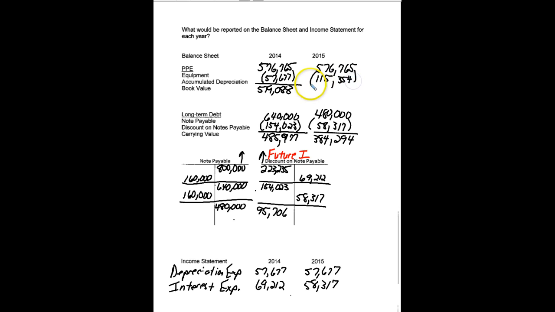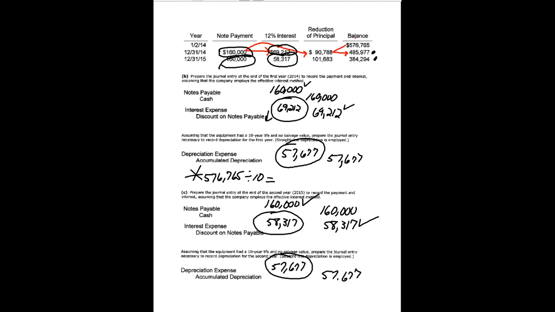So we have an annual expense of $57,000, but we have accumulated both of those to $115,354. So that nets to $461,411.